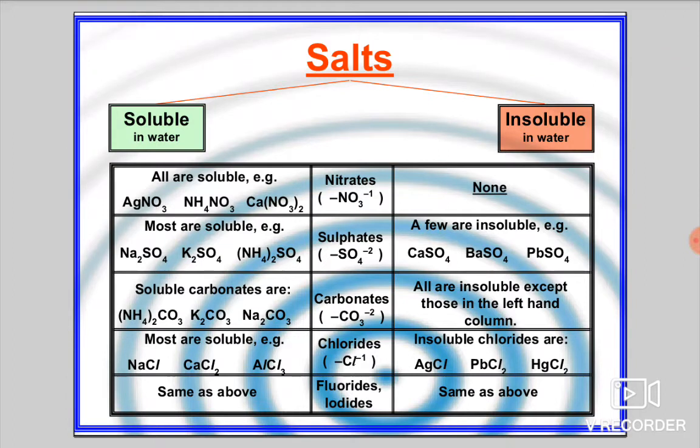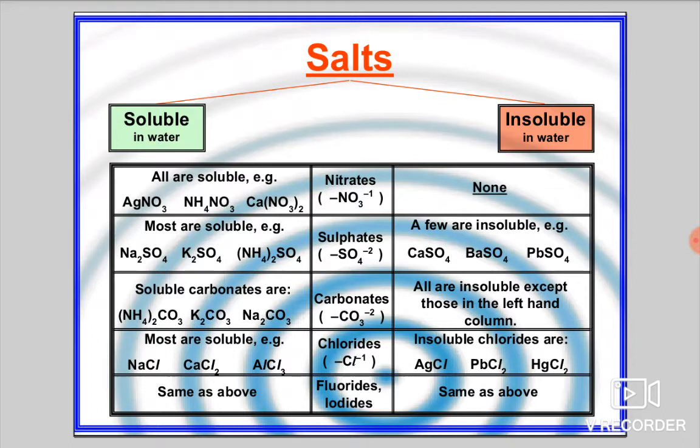If we learn the insoluble ones, which are calcium sulfate, barium sulfate, and lead sulfate, all the rest will be soluble. First, we need to know that for all types of salts, the ammonium salts and the group 1 salts are always soluble. They are not anywhere in the insoluble list.